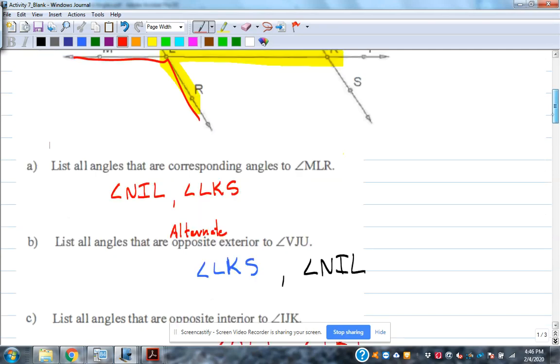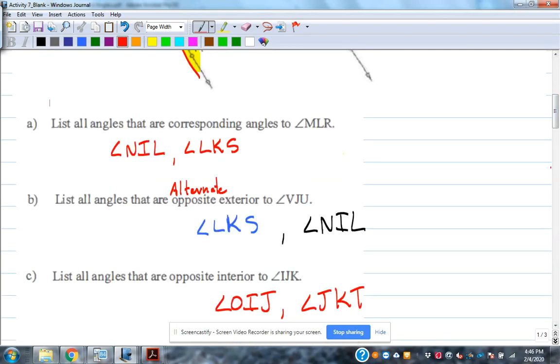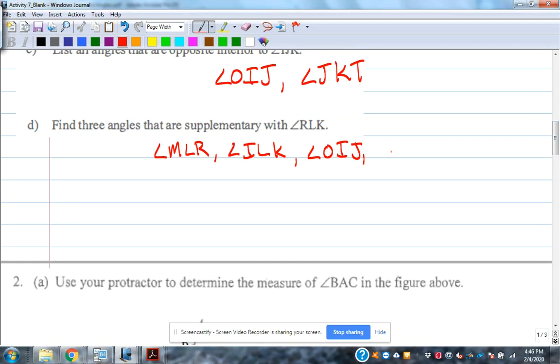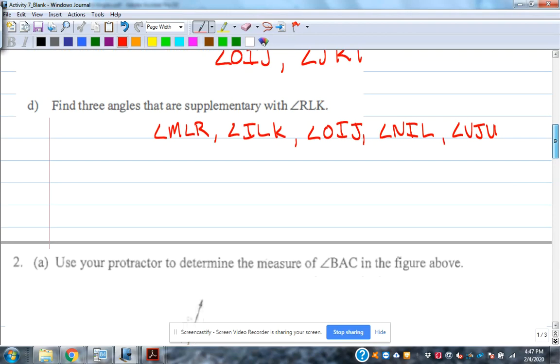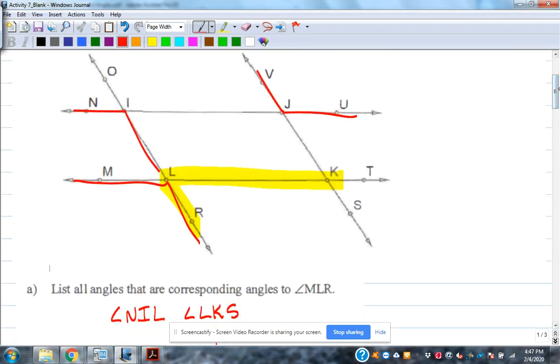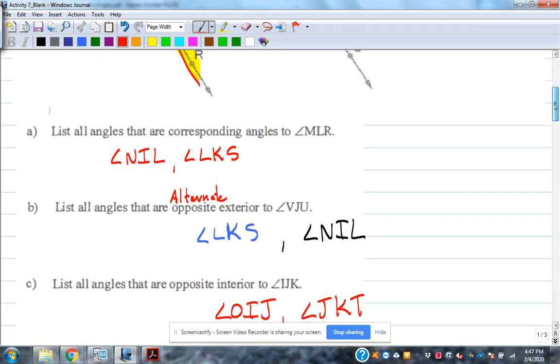So both of those will work. Angle NIL, because that's corresponding. And then the angle VJU also works. See if we could find another. JKT, because it is corresponding to ILK, right? So that's good. JKT also works.